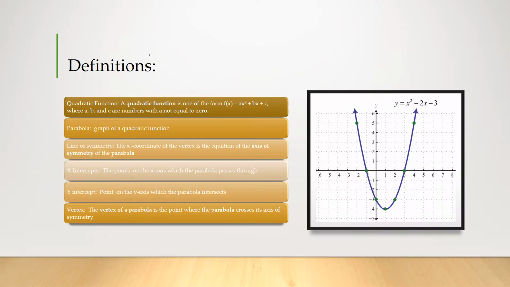So let's go into defining quadratics. A quadratic function is simply a function that takes the form of ax squared plus bx plus c, where a, b, and c are numbers that are not equal to 0. So ax squared plus bx plus c.